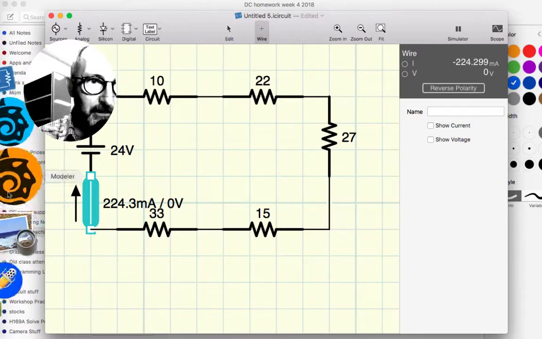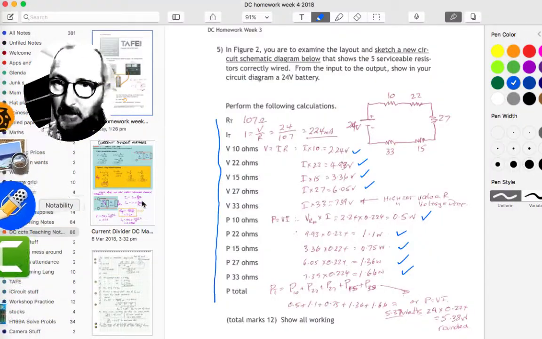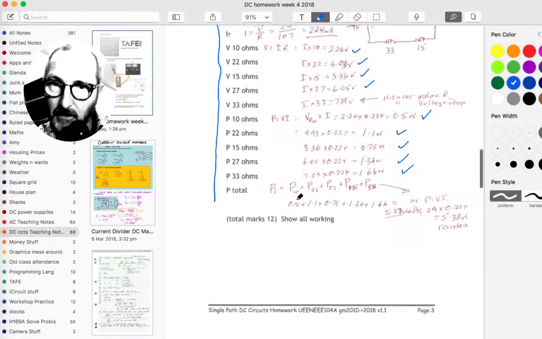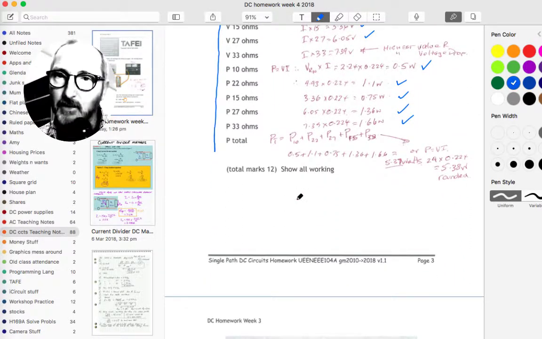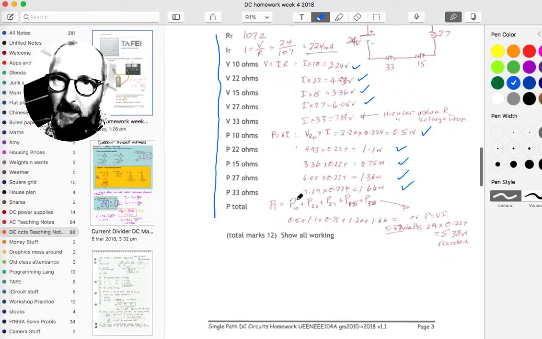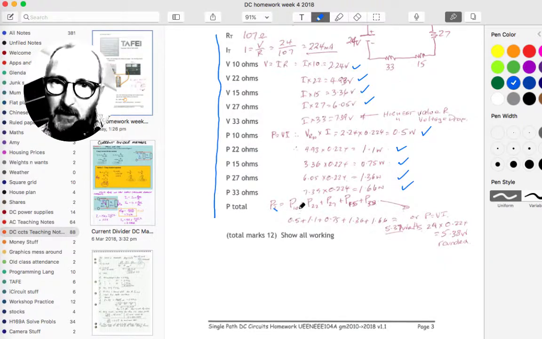So going back to the actual exam notes, the powers all add up exactly. P total down at the bottom: PT equals P10 plus P22 plus P27 plus P15 plus P33. We learned that in class, and we can simply use P equals V times I for the entire circuit.